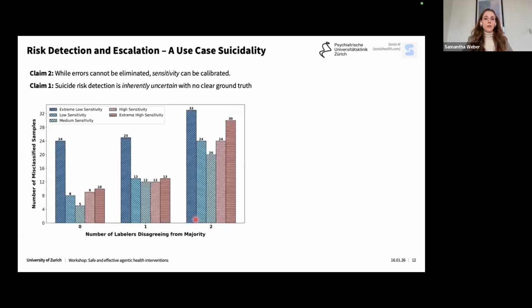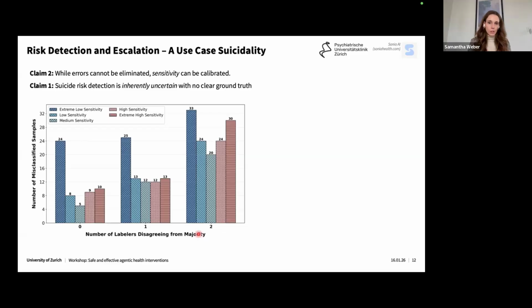Also on this slide, we looked at where the errors occurred and not only how many. On the x-axis, we grouped errors by how many clinicians disagreed with the majority label. 0 means full agreement among the experts, and 2 means there was substantial disagreement.